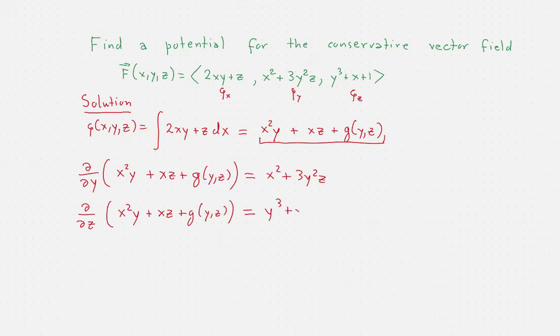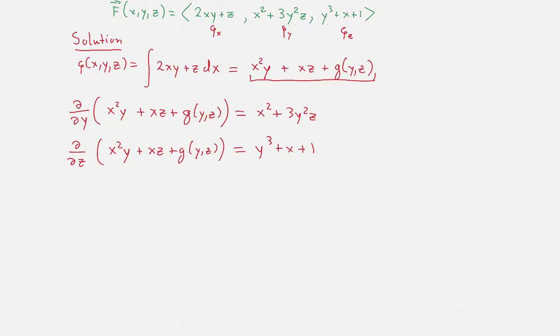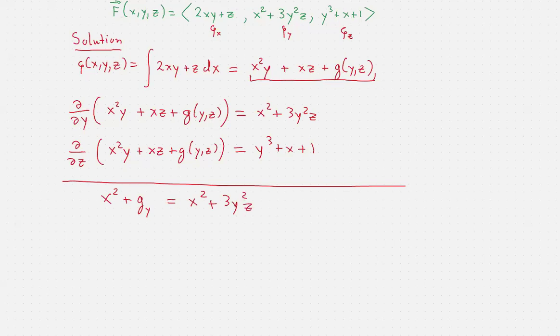Now, what is interesting here is that once we take these partial derivatives on the left, what we get is x squared plus g sub y equals x squared plus 3y squared z, and x plus g sub z is equal to y cubed plus x plus 1.